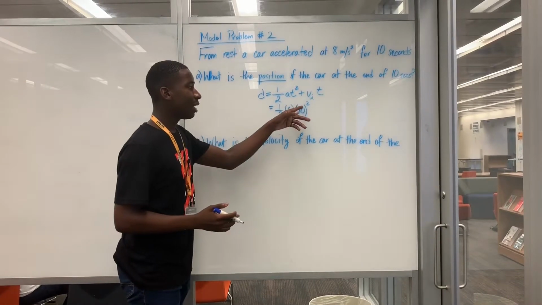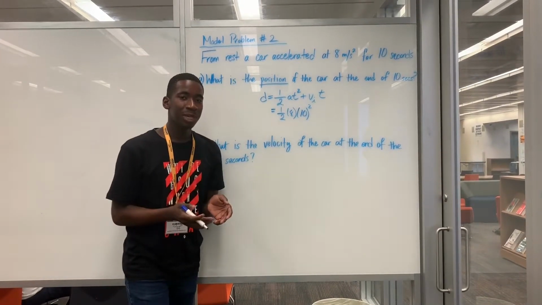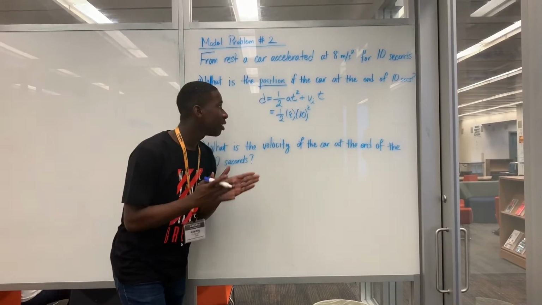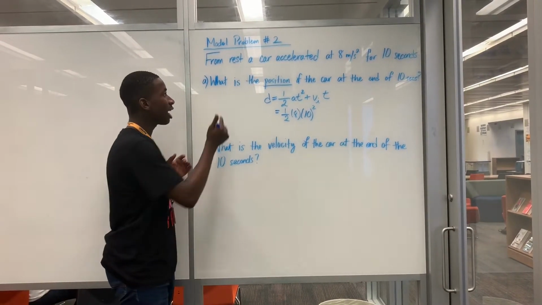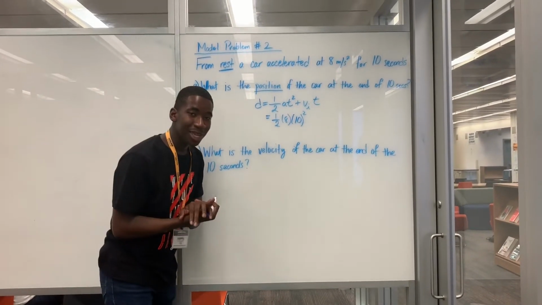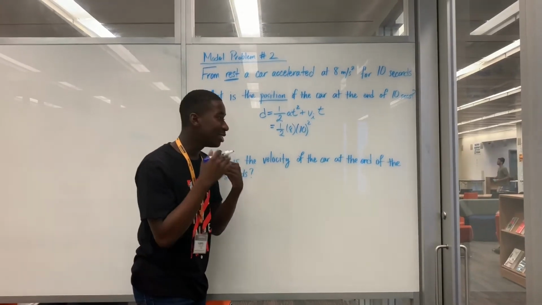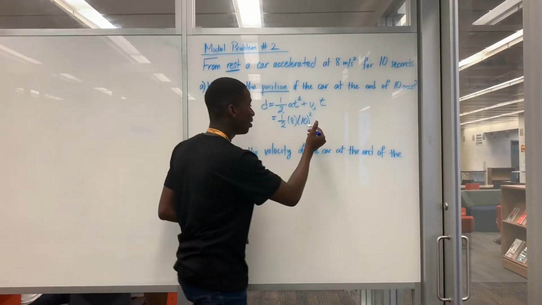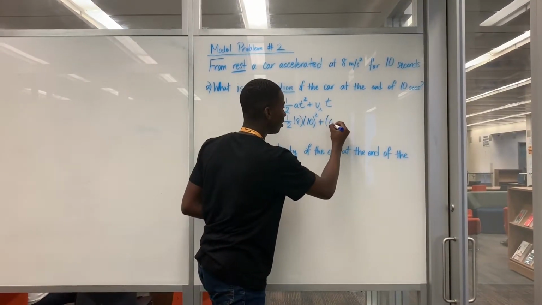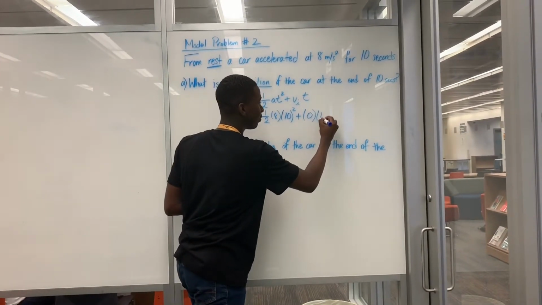Now v_i. This simply means what was the speed when the car started? The problem tells us that it went from rest. Resting means that it was not moving. So the speed at that time was 0 meters per second. So plus 0, and then t again, which is 10.